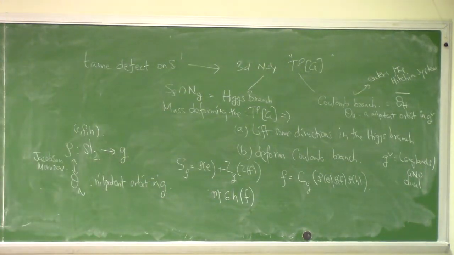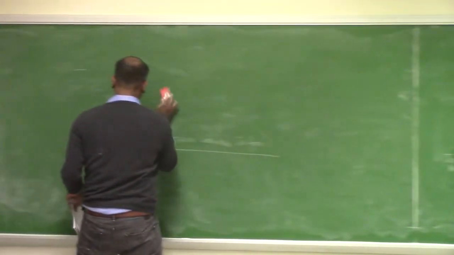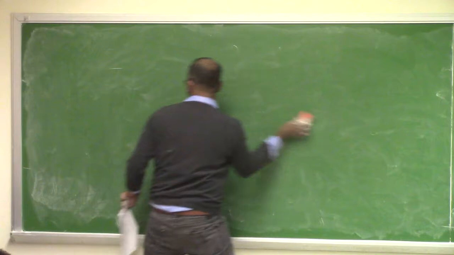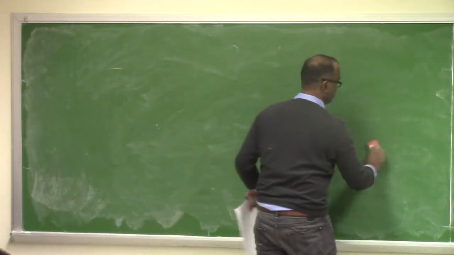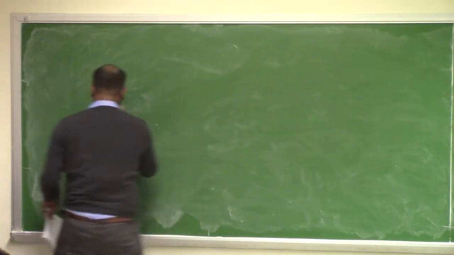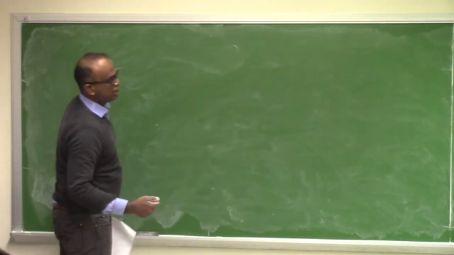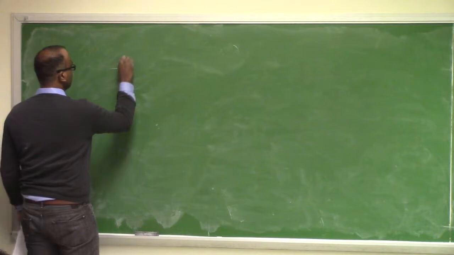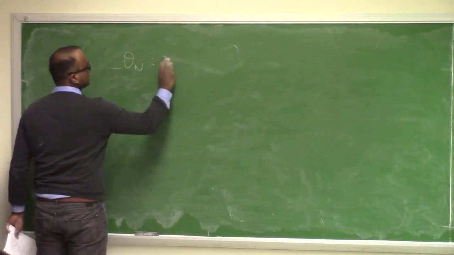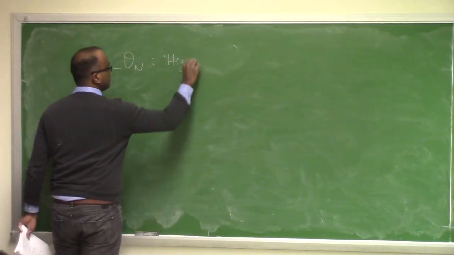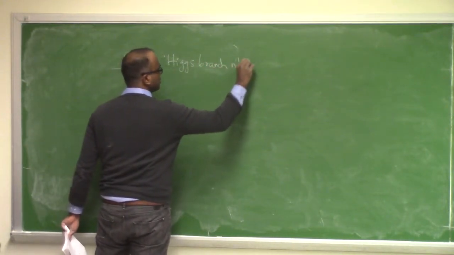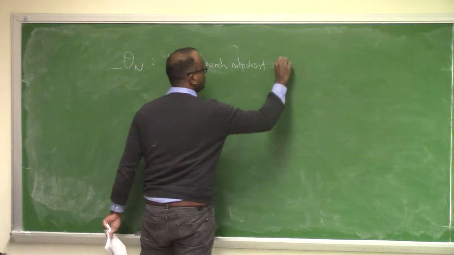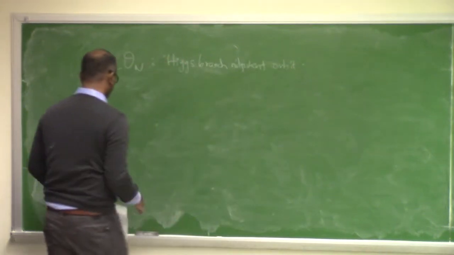Okay? Since I'm running short on time, let me quickly tell you how the answer looks. I will assume some familiarity with structure theory of nilpotent orbits. I'm happy to expand on this after the end of my talk. So this is my Higgs branch nilpotent orbit.